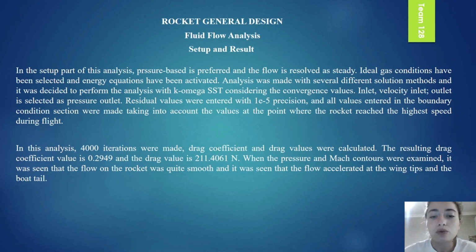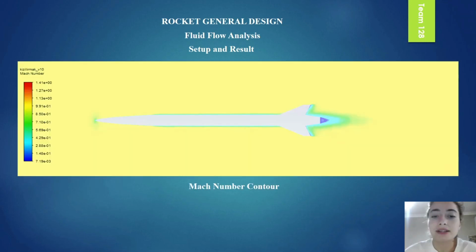In the setup part of this analysis, pressure base is preferred and the flow is resolved as steady. Ideal gas conditions have been selected and energy equations have been activated. Analysis is made with several different solution methods, and it is decided to perform the analysis with k-omega SST considering the convergence values. Inlet is selected as velocity inlet, outlet is selected as pressure outlet.